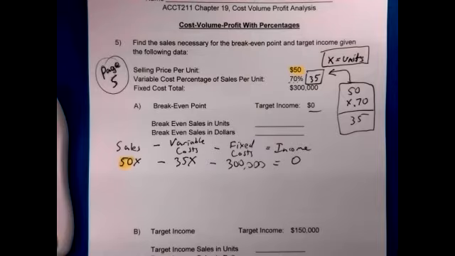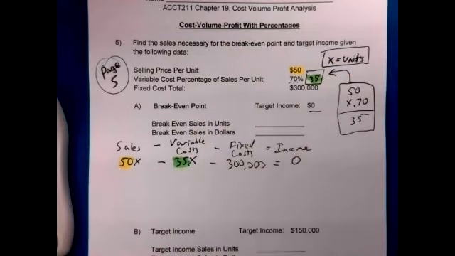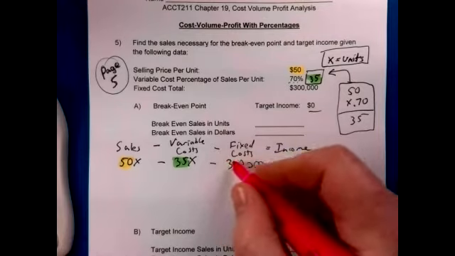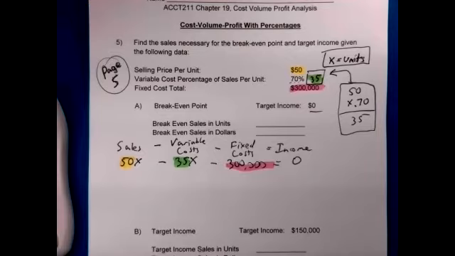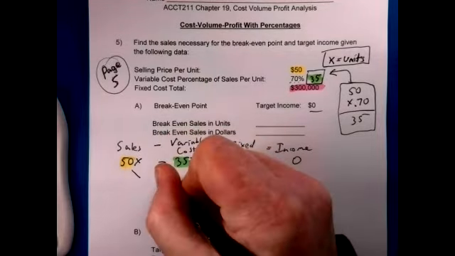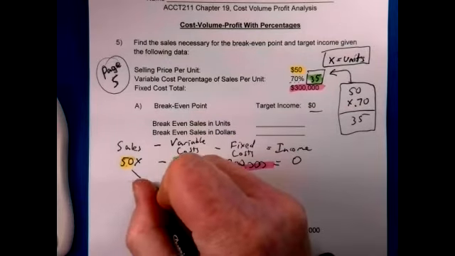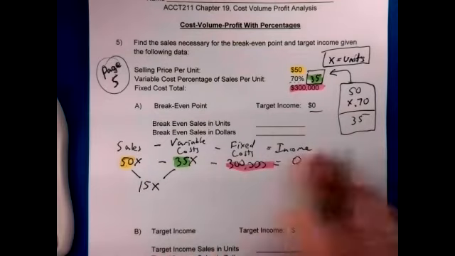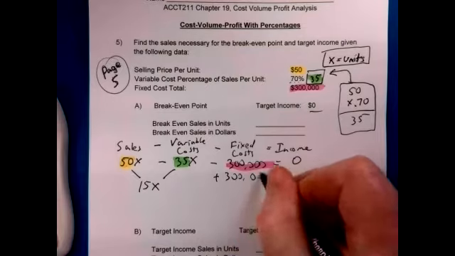So the equation is income equals sales minus variable costs minus fixed costs, and then we just solve for X. $50X minus 35X is 15X. We want to get the 300,000 on the other side, so we'll add 300,000 to each side.